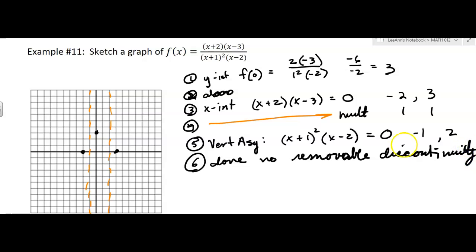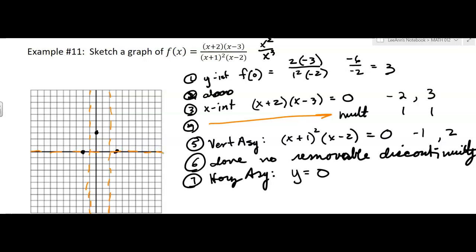Okay, and then step 7, we have to do the horizontal asymptotes. Well, the degree of the numerator is going to be x squared, and the degree of the denominator is going to be x cubed. So that means we're going to have a horizontal asymptote at y equals 0. So we'll draw that in right there on the x-axis.